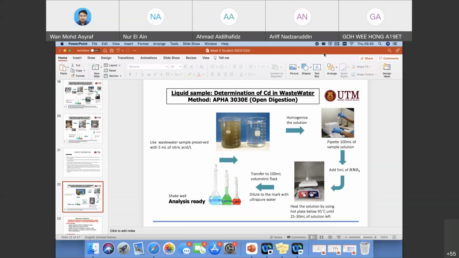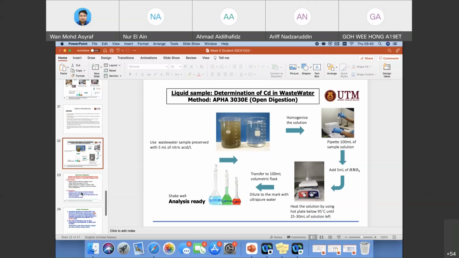So now we have achieved the pre-concentration method. You remove 70 ml of the solvent itself, left with just your analyte inside the 30 ml of solution. Okay, so that is for a liquid sample.